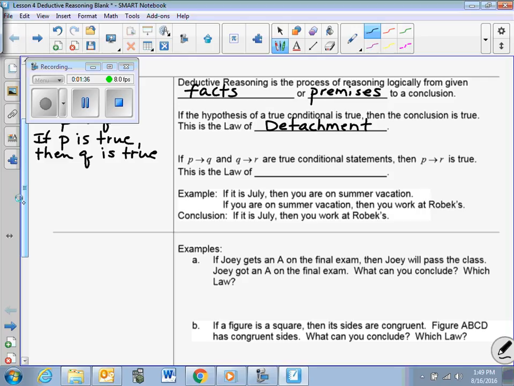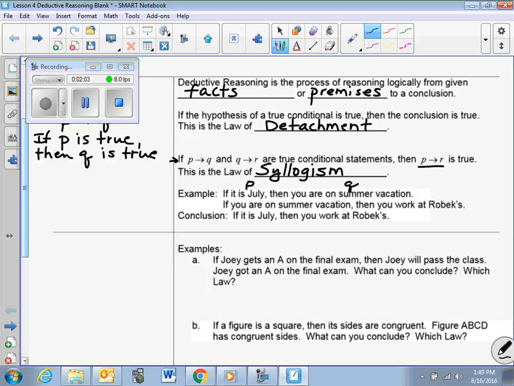All right, how about the next one? Right here. So I've got two conditional statements, if P then Q, and if Q then R. If both of these are true, then I can say if P then R is true. This is known as the law of syllogism. And here's an example right away to help this make sense to us. If it is July, so there's our P, then you are on summer vacation.